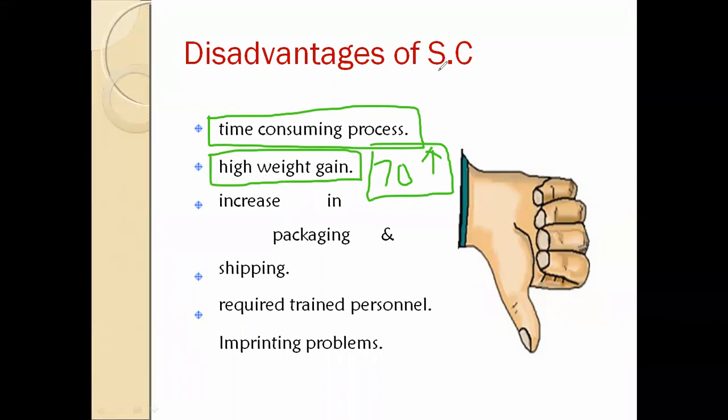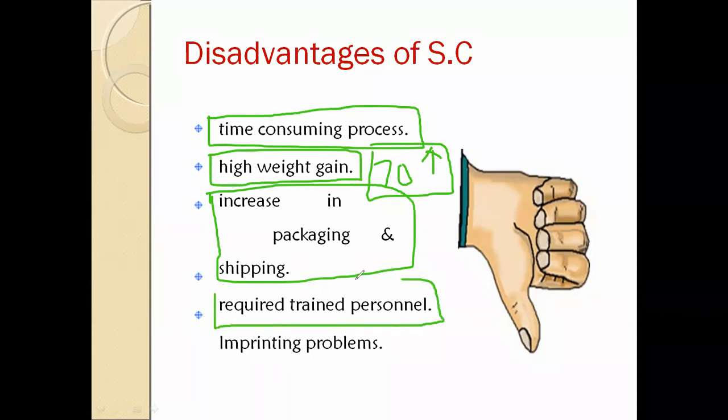So a 70% increase is there over the basic core. Then the packaging and shipping cost is also more in sugar coated formulations. It requires specially trained personnel.